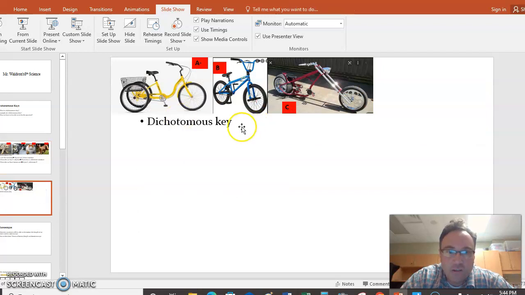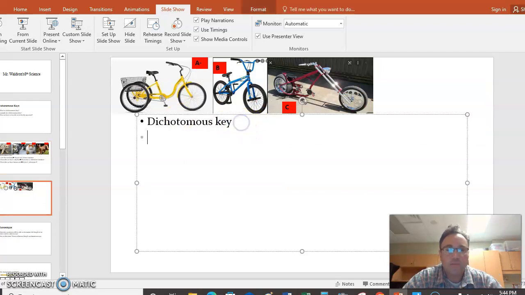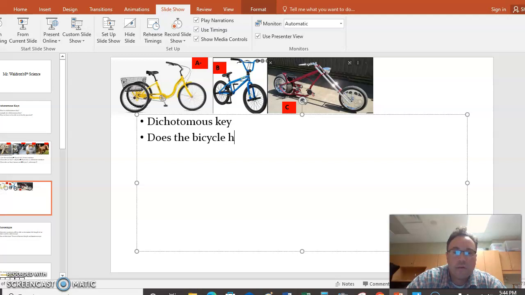I want to give you guys another example. Here are some examples of bicycles. We have A, B, and C. Again, we're going through the questions. Does the bicycle have more than one rear wheel?